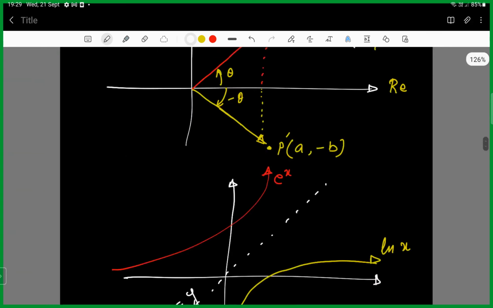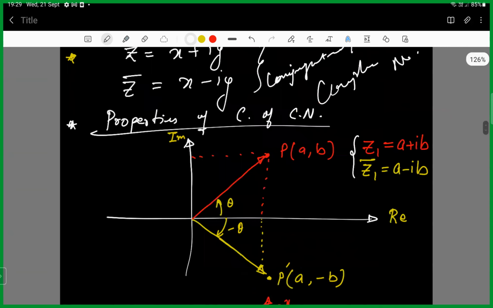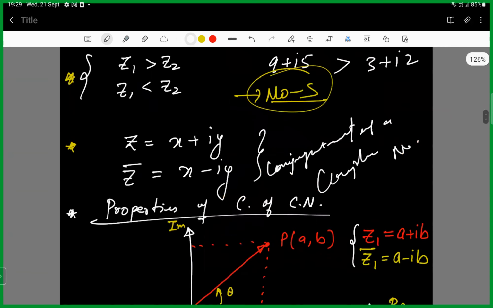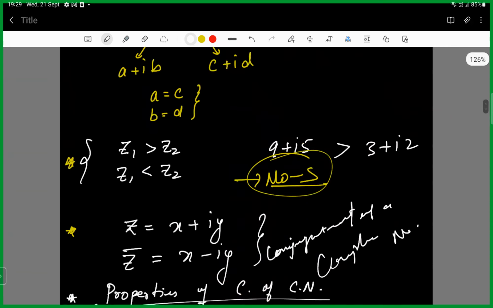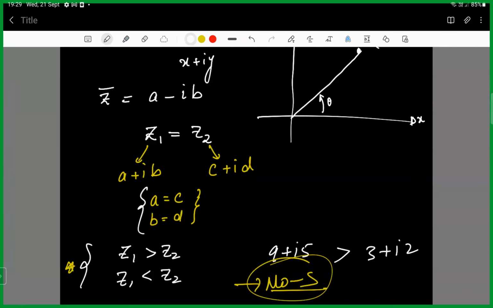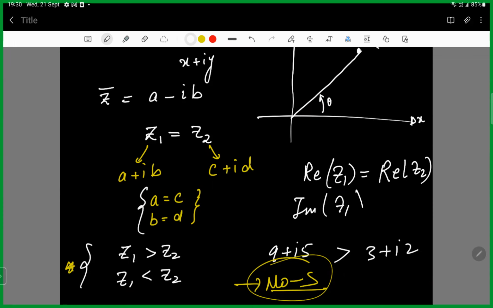See here, if two complex numbers, even a conjugate is also a complex number, the real part should be equal to the real part, and the imaginary part should be equal to the imaginary part of z2.